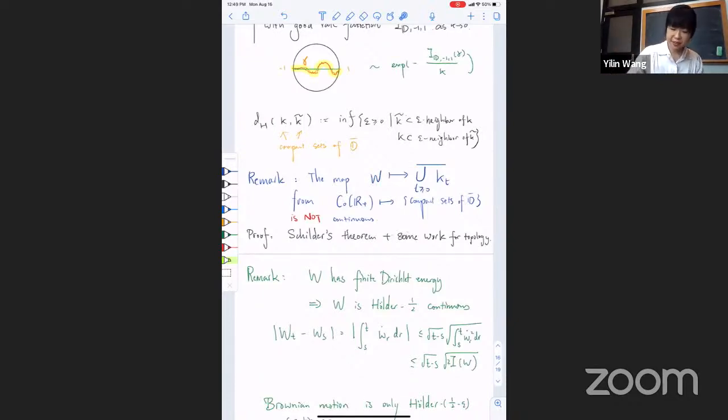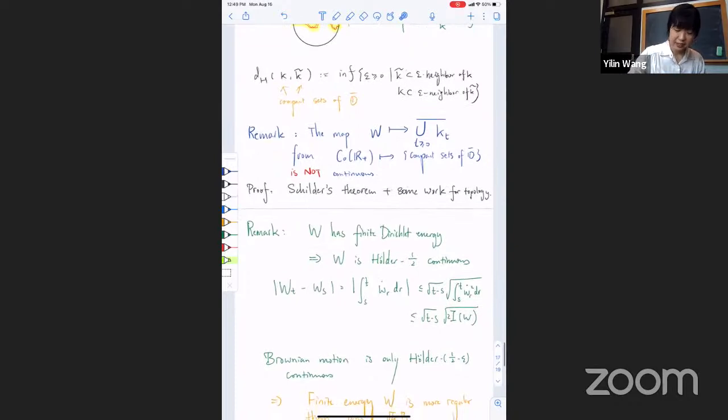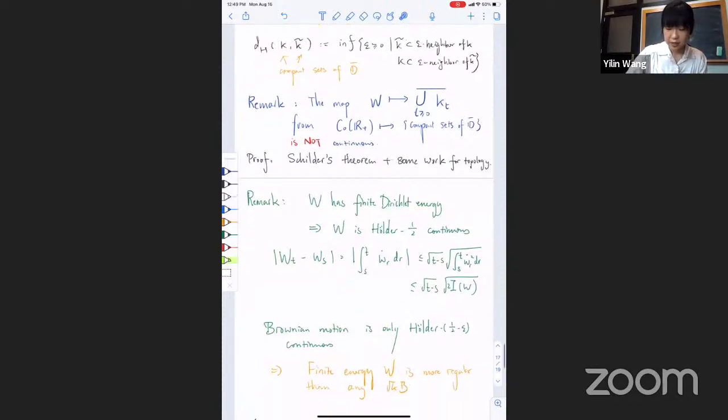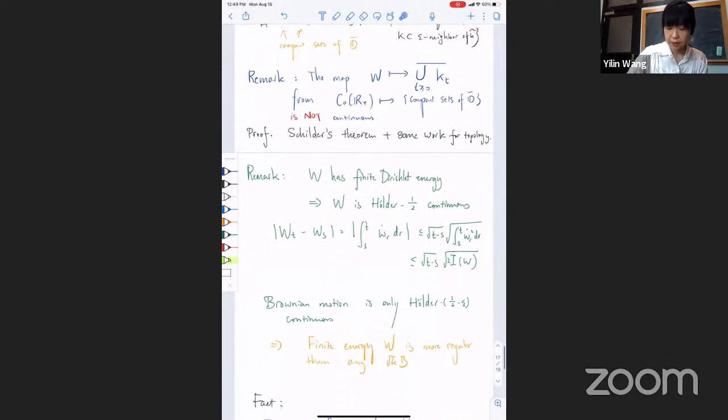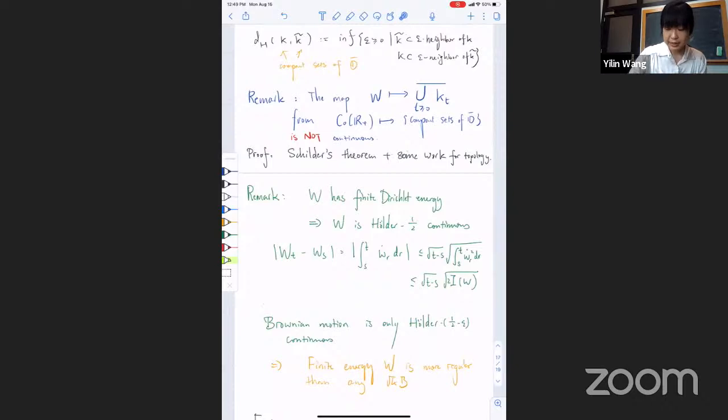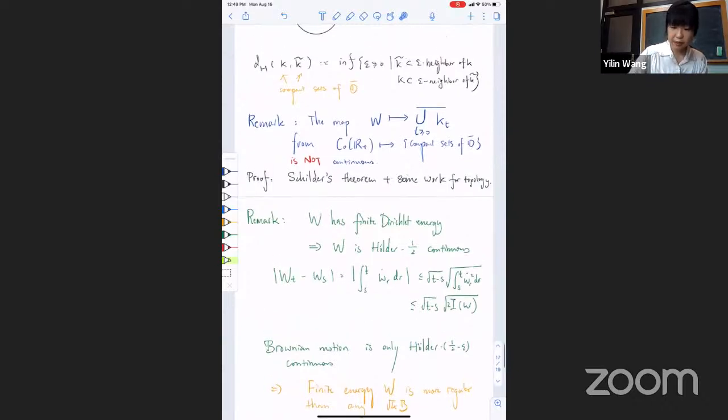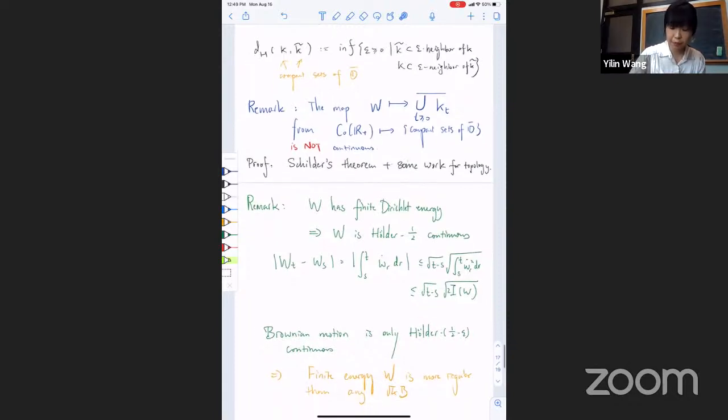Some remarks: it doesn't really make sense to talk about the Dirichlet energy of Brownian motion. So it also doesn't make sense to talk about the Loewner energy of an SLE curve. To illustrate it more, if you have a driving function with finite Dirichlet energy, then it's automatically Holder 1/2 continuous.